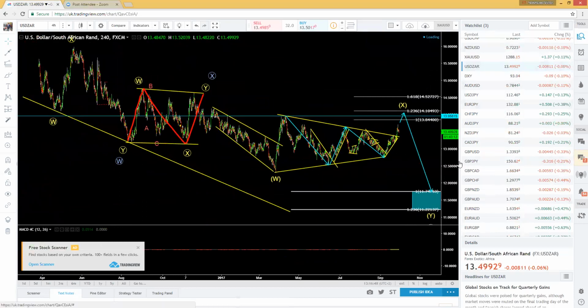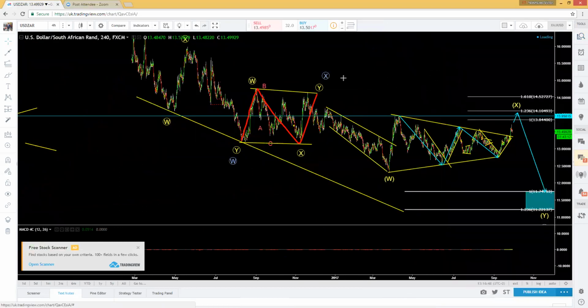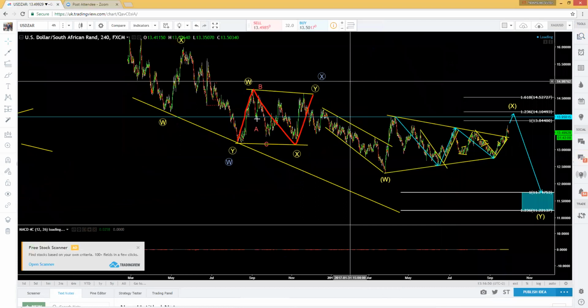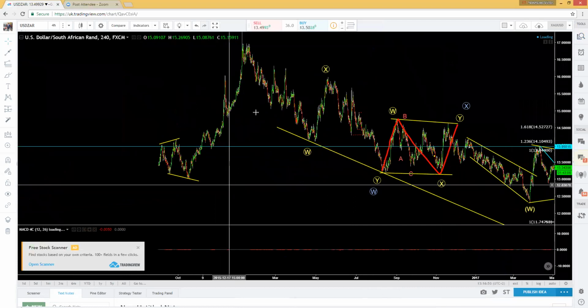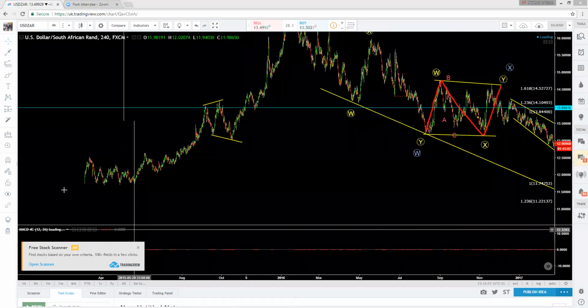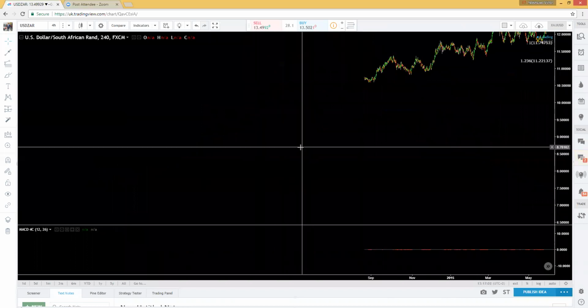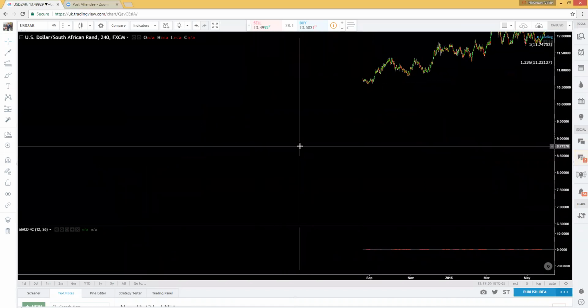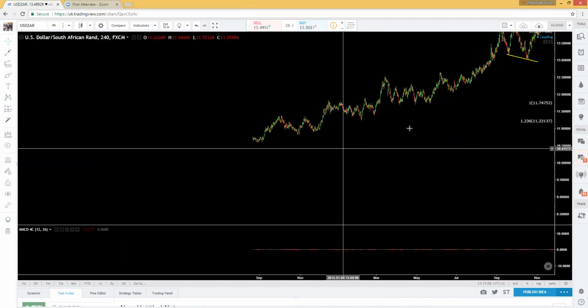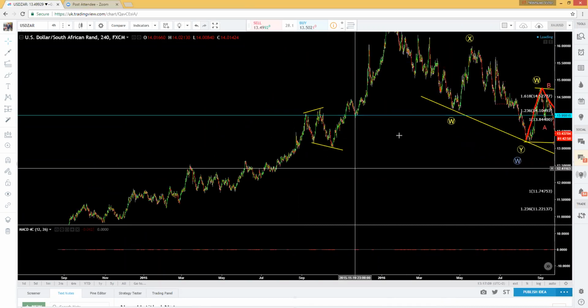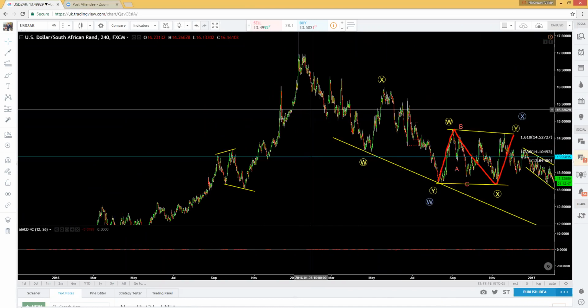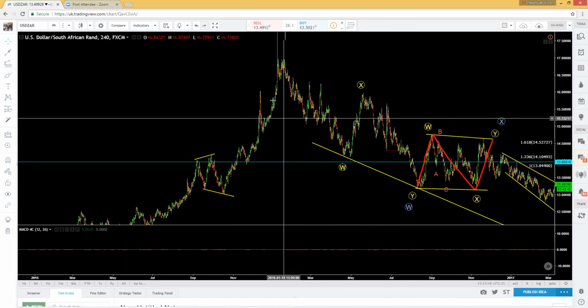So as I said, it's all about understanding patterns. So you can see that from the start, from where market data is available, US dollar ZAR has always been on an uptrend. It had never corrected until January 2016.